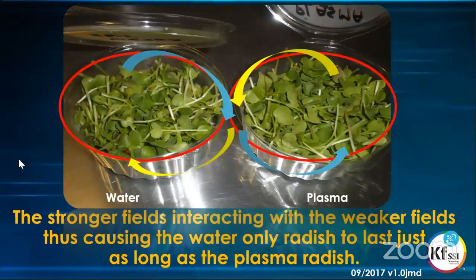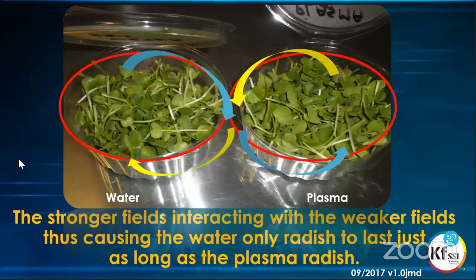So essentially what was happening is the stronger fields from the radish that had been soaked with the liquid plasma water was interacting with the weaker fields, and that's causing the water-only radish to last just as long as the plasma radish. So it comes down to that principle of the stronger feeding the weaker.